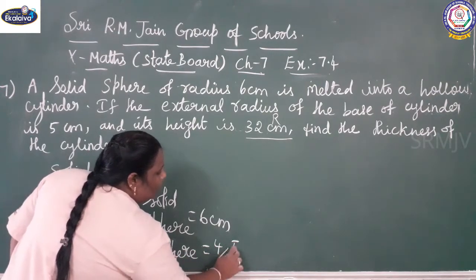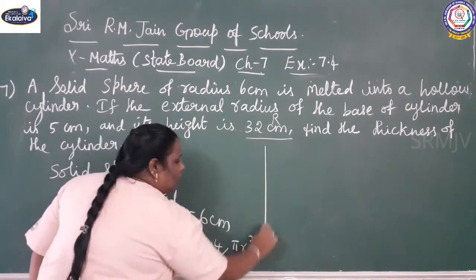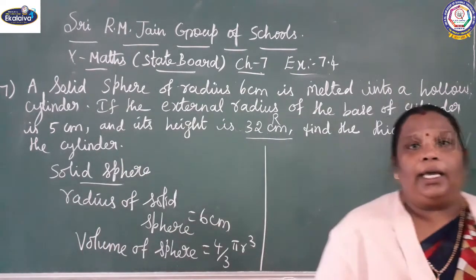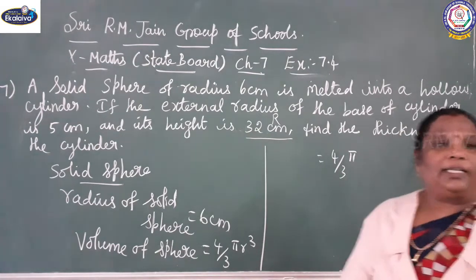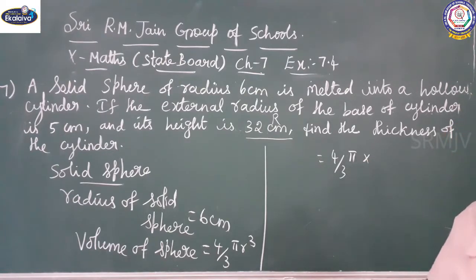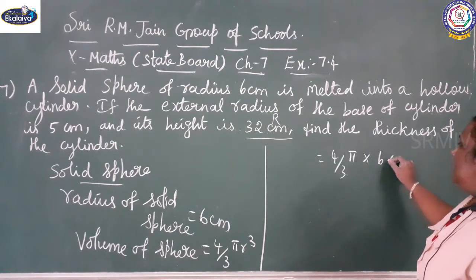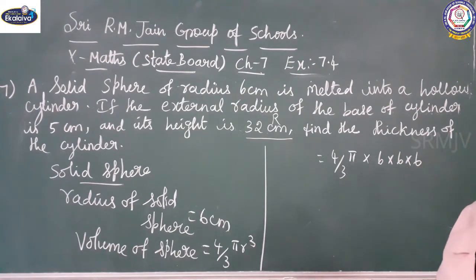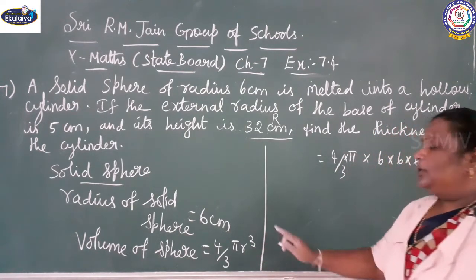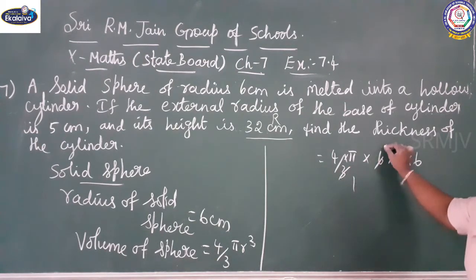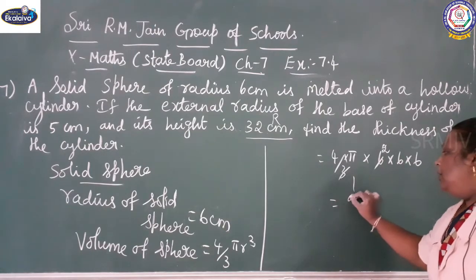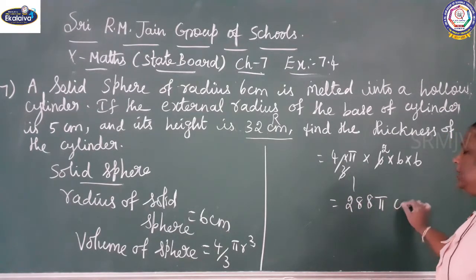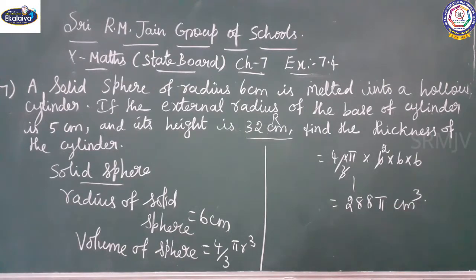So it gives 4 by 3 into pi r cube cubic units, that is centimeter cube, into what is the r value? r is 6, 6 into 6 into 6. 8 into 36 is 288 pi centimeter cube.